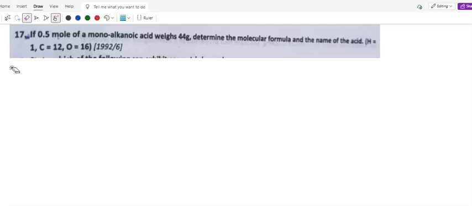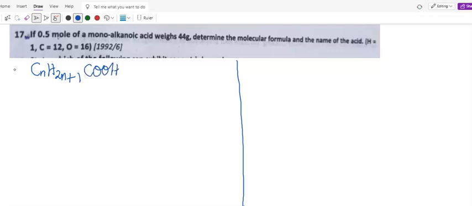When they say monoalkanoic acid, it is still the same alkanoic acid you know, with the general molecular formula CnH2n+1COOH. Monoalkanoic because it has one carboxylic acid functional group, which is this.